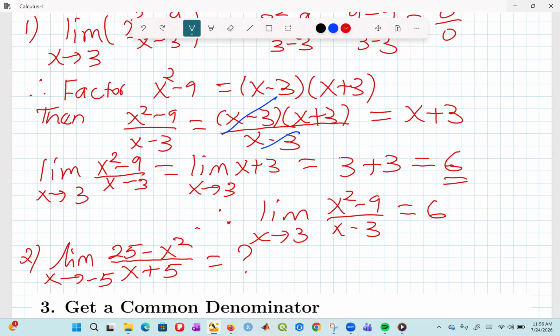What will be the answer? Write your answer in the comments.